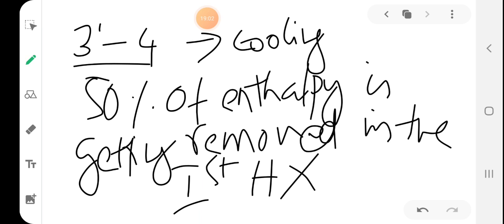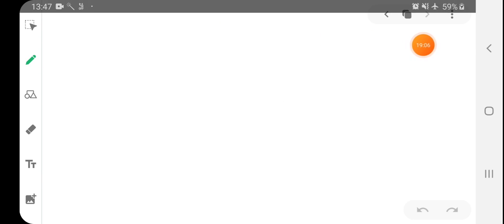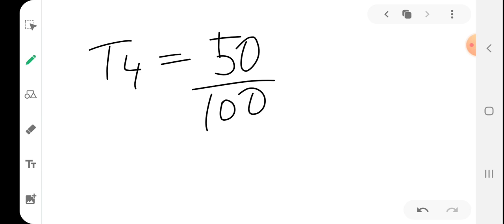So how to find T4? The enthalpy removed equals 50% of the enthalpy at 3 dash.